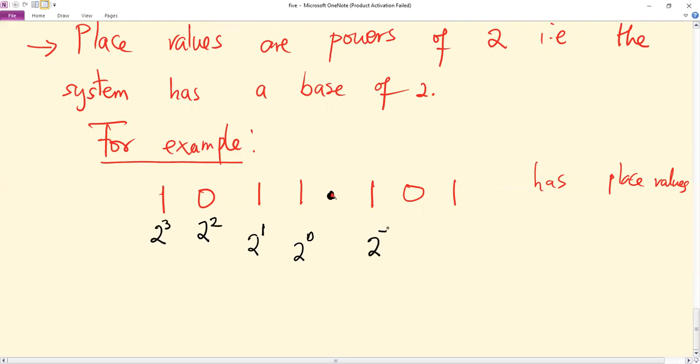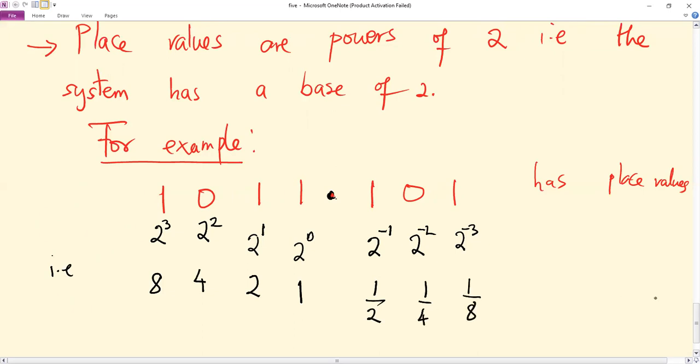Now this one is -1, this one is -2, this one is -3. i.e. 2 power 3 is 8, 2 power 2 is 4, this one is 2, this one is 1, this is 1 over 2, this is 1 over 4, and this is 1 over 8.